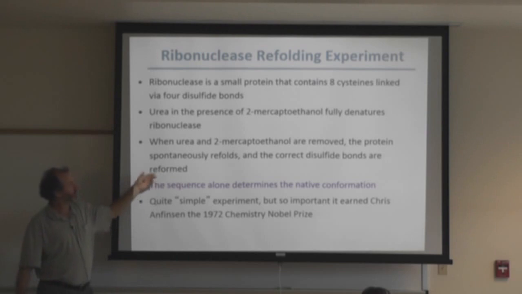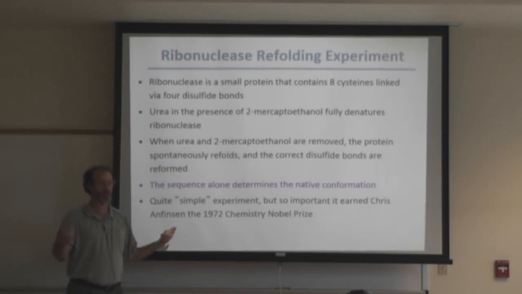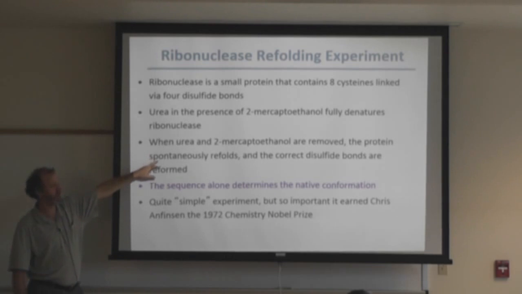Okay? So it's used to cleave all the disulfide bonds. So when you do a Western blot or a PAGE gel, you typically boil your protein to unfold it with 2-mercaptoethanol to break any disulfide bonds, to break apart the different peptides making up the quaternary structure of that protein.